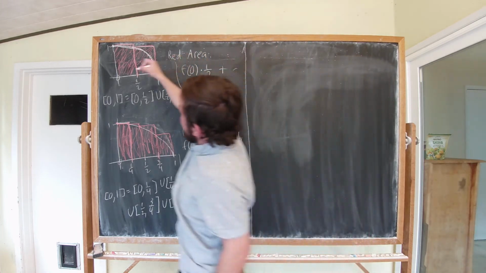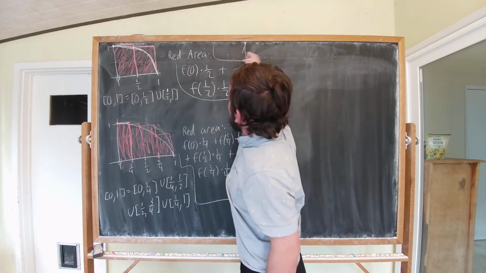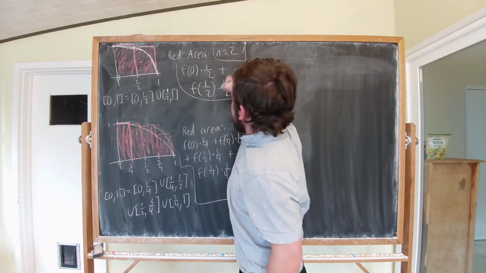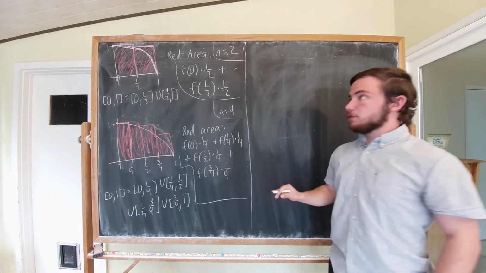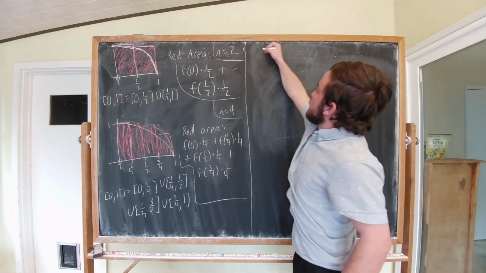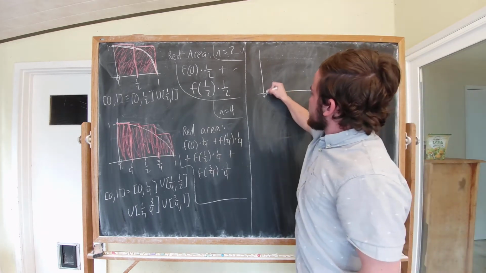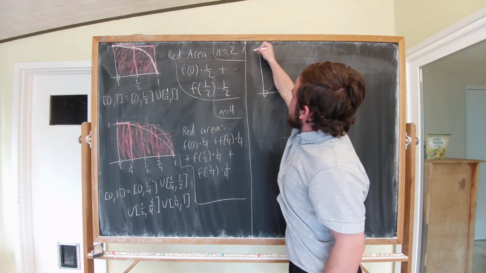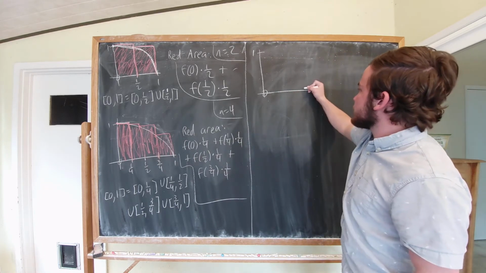So this is the case where if we let n be the number of rectangles we're dividing into, this is the case n equals 2, and this is the case n equals 4. 2 rectangles, 4 rectangles. What if I put 8 rectangles? It's one of those times when being a better artist would be very helpful for my teaching, but unfortunately it's just simply not the case.